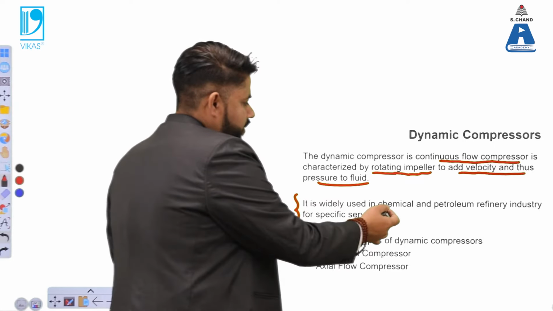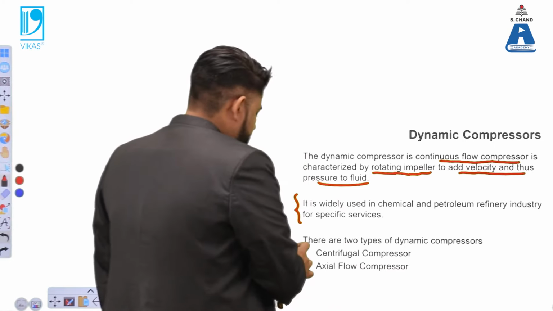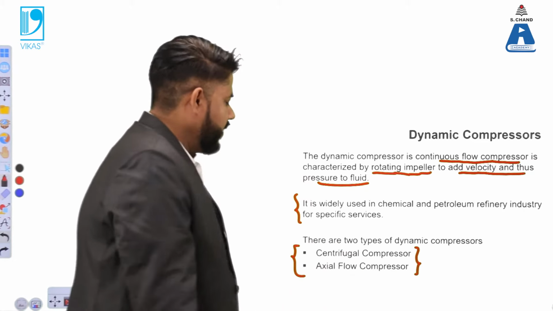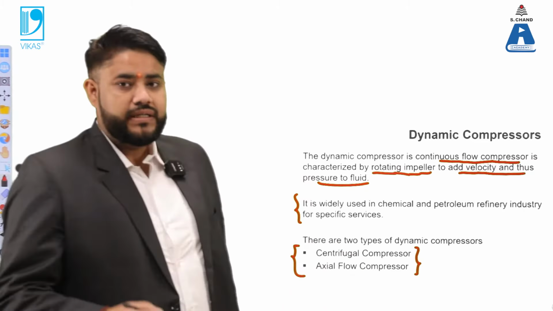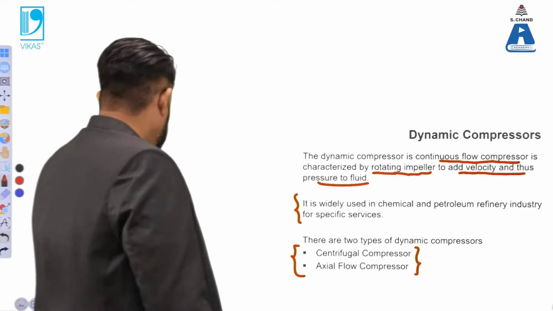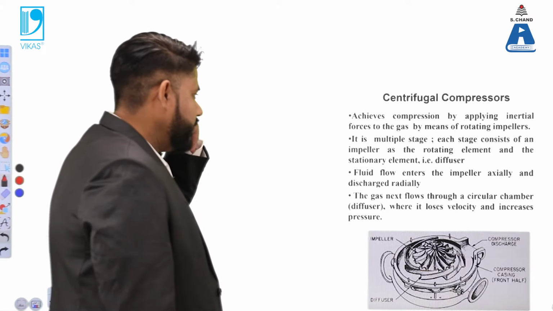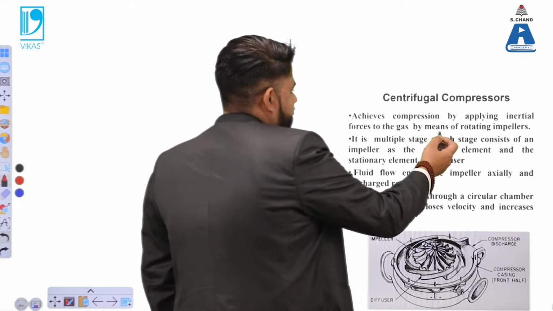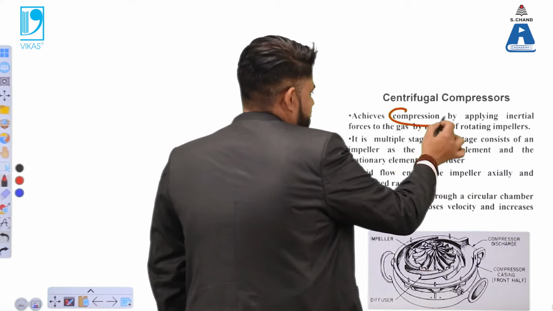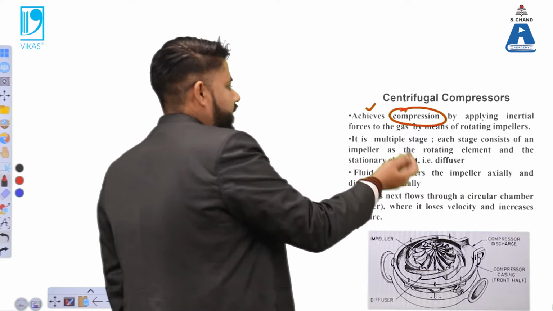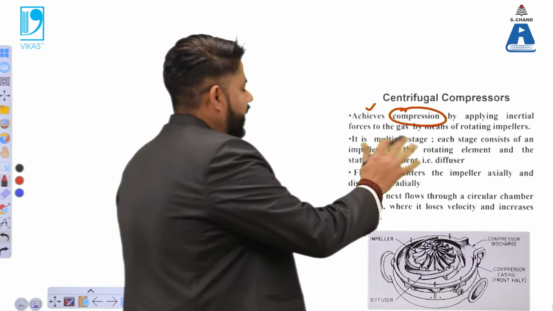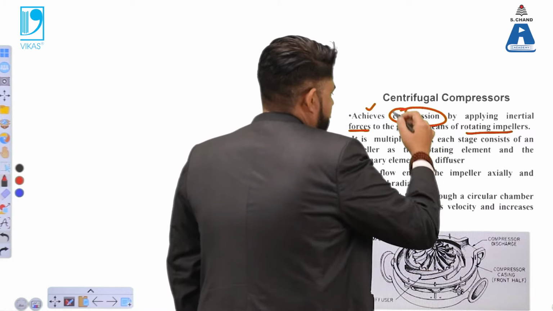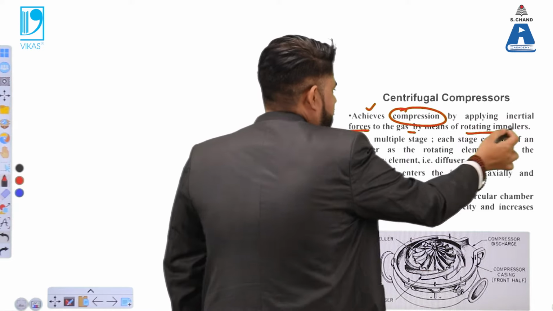It is widely used in chemical and petroleum refineries, and its categories are the centrifugal compressor and the axial flow compressor. Now, the centrifugal compressor, as the name suggests, achieves compression by applying inertial forces to the gas by means of the rotating impeller.